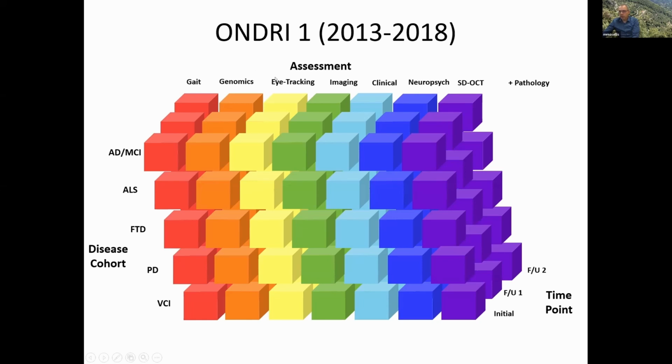We have also now moved to genome sequencing in a subset of these patients who did not have identifiable variants on their initial ONDRI-seq platform. Eye tracking was collected, as well as imaging data, including multimodal MRI: volumetric T1, T2 weighted imaging, diffusion tensor imaging, SWI imaging, resting state fMRI, as well as ASL perfusion studies.